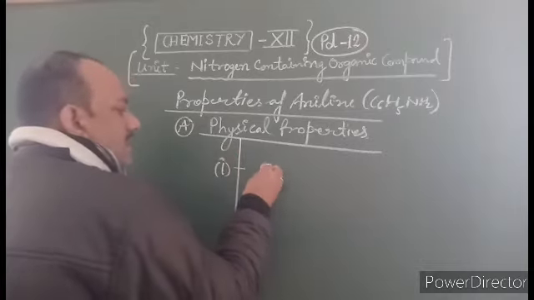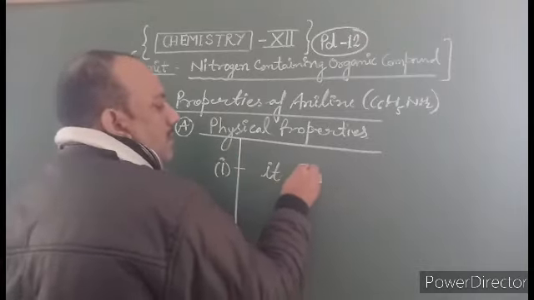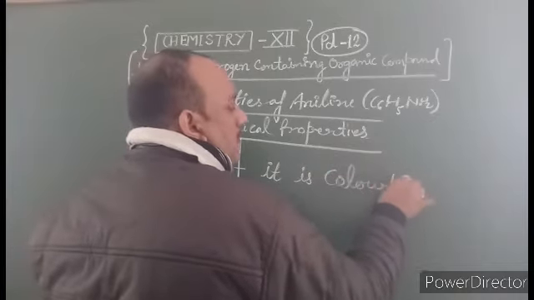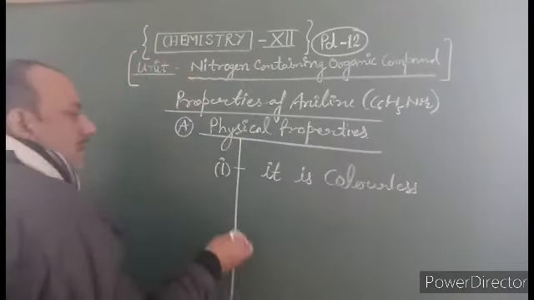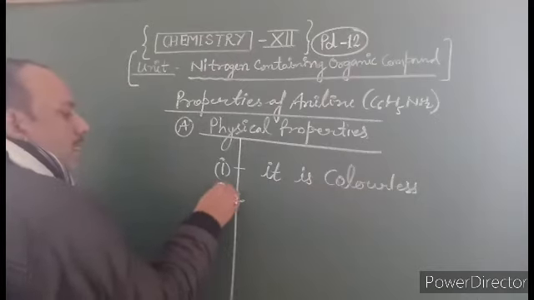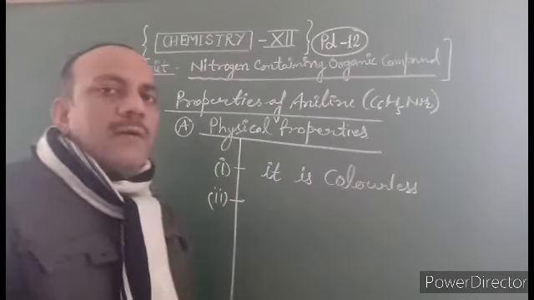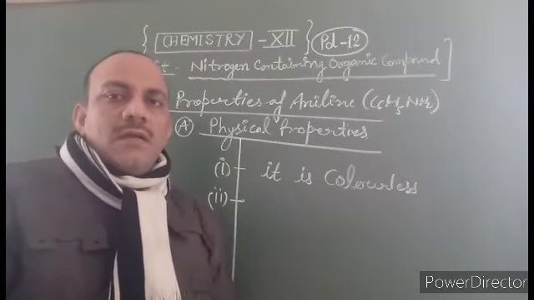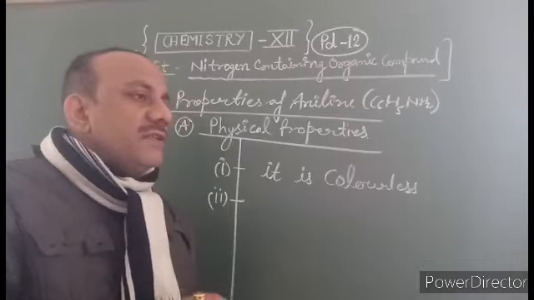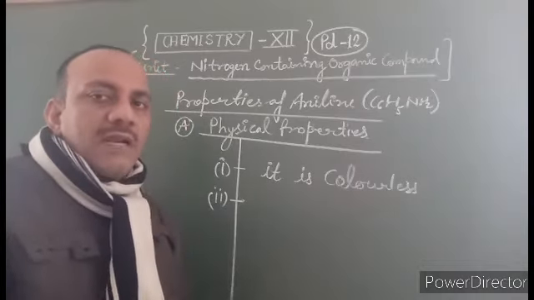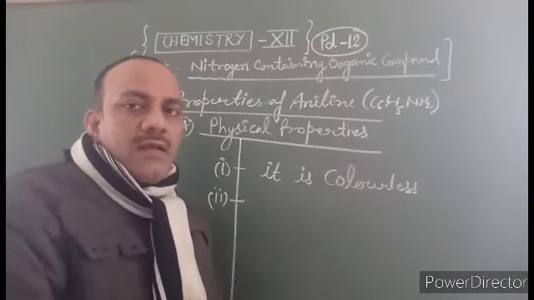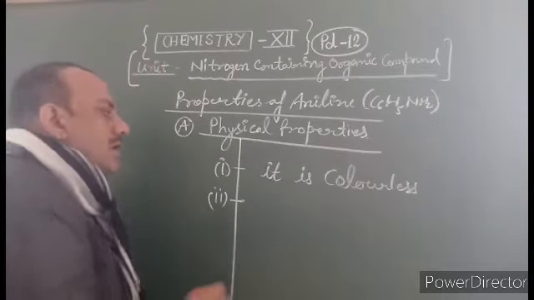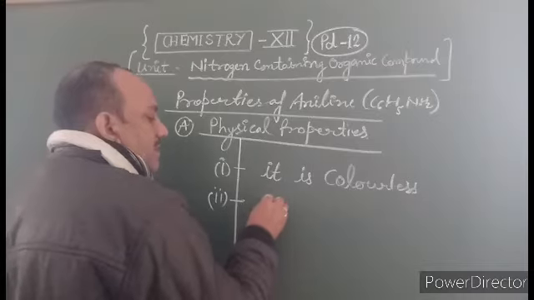It is colorless. Students, you know that the pure form of aniline is colorless, but when it reacts with air, or we say when it is oxidized in air, it gives a brown color. Its physical state is liquid.